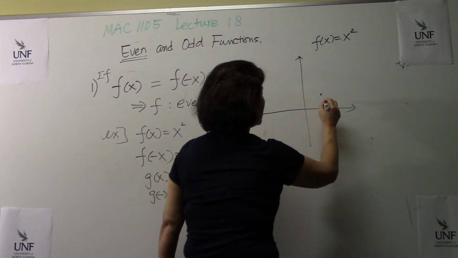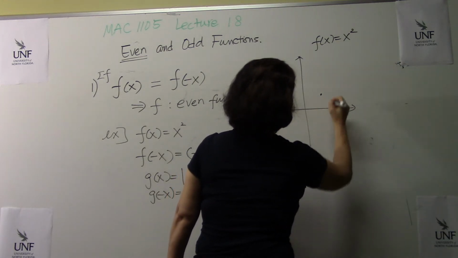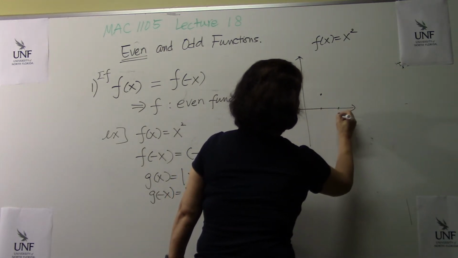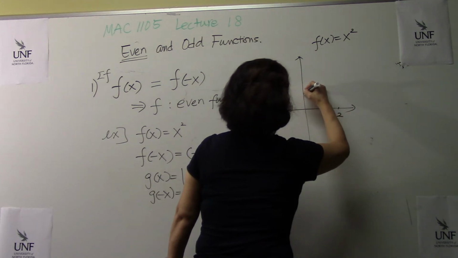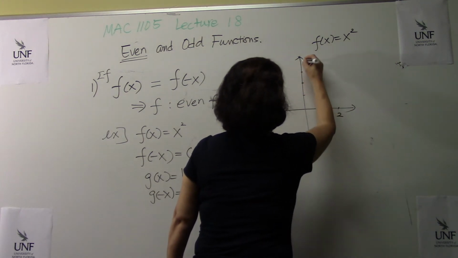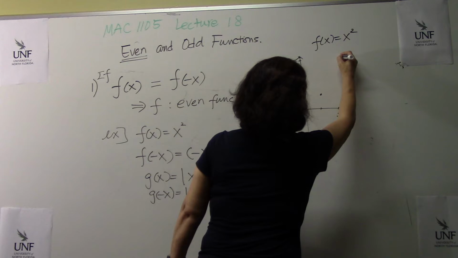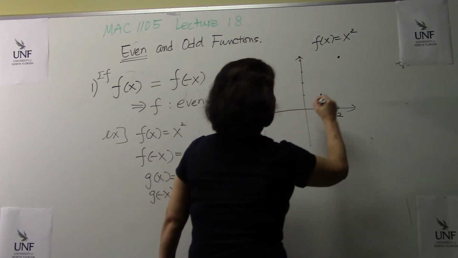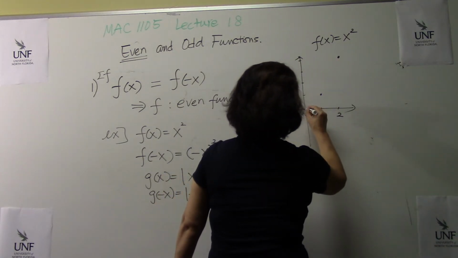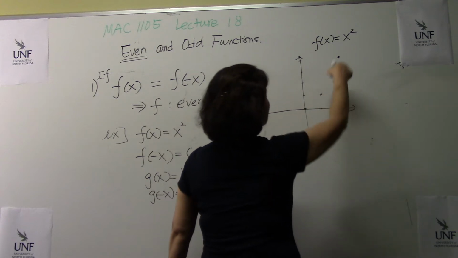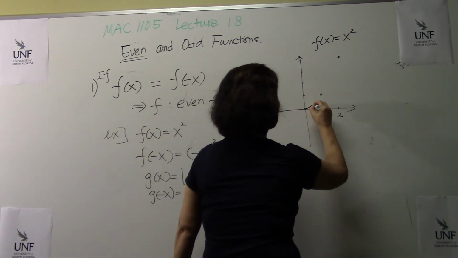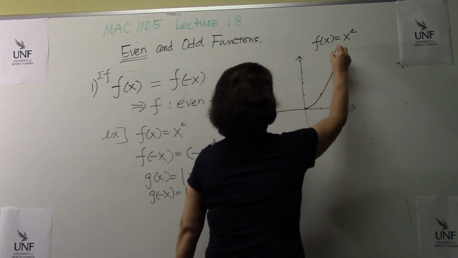So 1, 1. When x equals 2, y equals 4. 1, 2, 3, 4. This is not a straight line. When x equals 0, y equals 0. So it goes up like this.